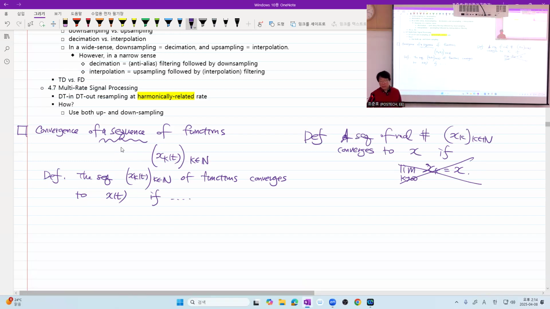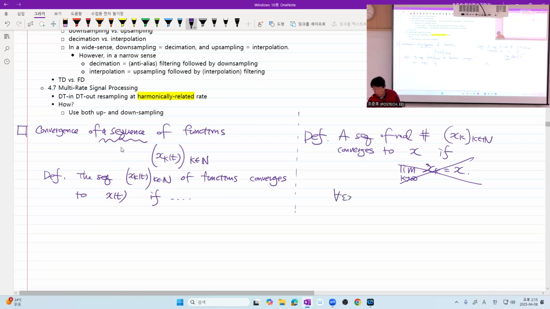And that part is not taught in your high school, even though you solved a lot of math problems related with the limit of a sequence of real numbers. And what was the definition? You learned in your college level calculus.